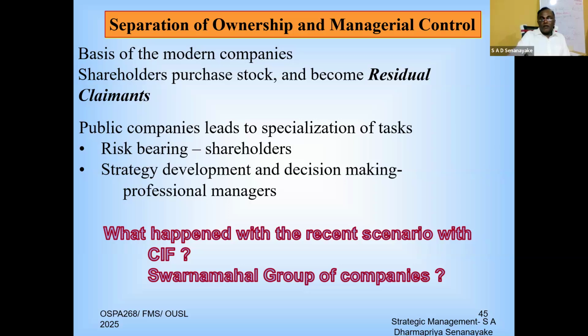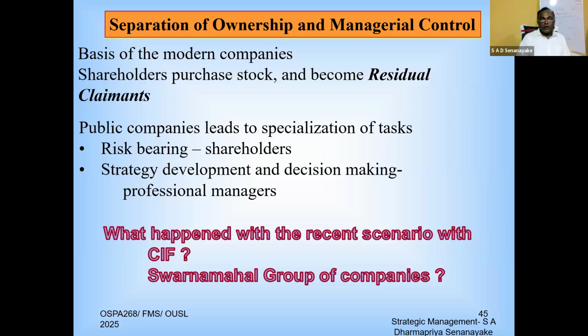So you'd have seen what happened to the Swarnamahal group, CIF, finance companies. When they started, people started investing money in poorly performing organizations. So certain investments in low return business ventures.